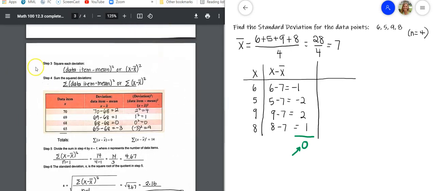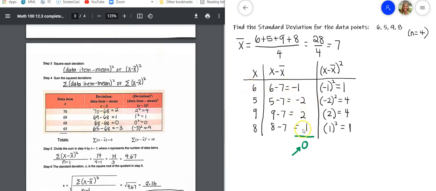But step 3 is to then square that number. So we are going to take that deviation and square it. Be sure that you're putting that in parentheses. Numbers like this you don't need to do on your calculator, but you'll have some maybe where it's a decimal and you need to calculate that with a calculator, so make sure, especially on the negatives, you're using parentheses there.